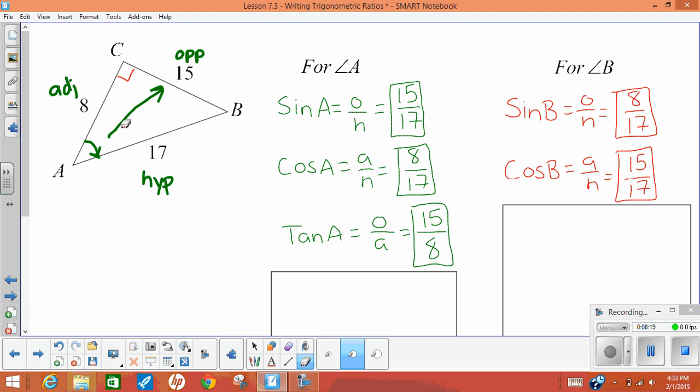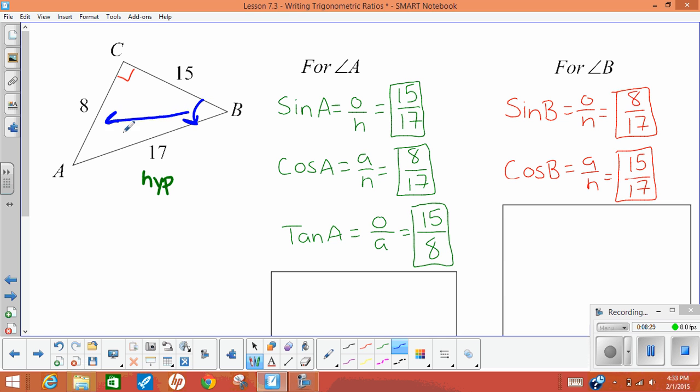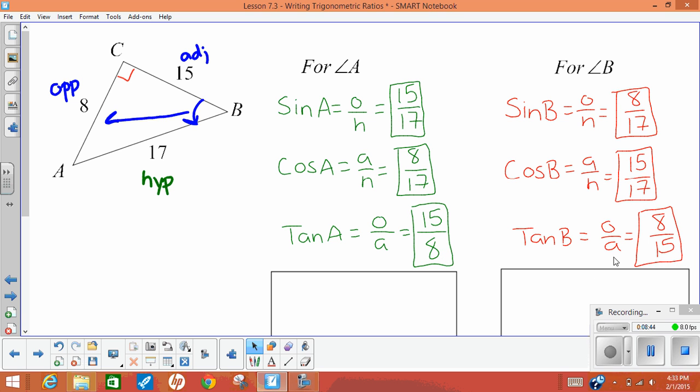And just to make sure we're doing this properly, we'll check that the opposite side for B was 8, and the adjacent side is 15. So that's how I can get my ratios. And then tangent is just a reciprocal of the tangent of A, or opposite over adjacent using angle B, and you get the same thing.